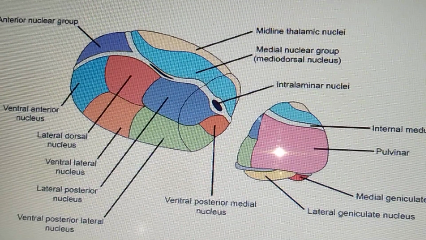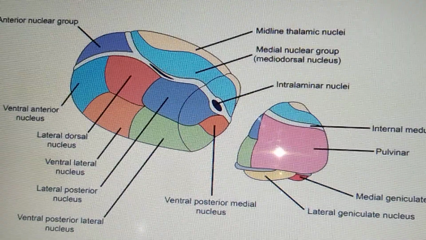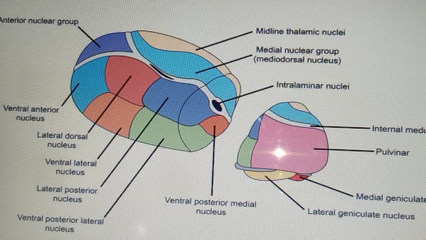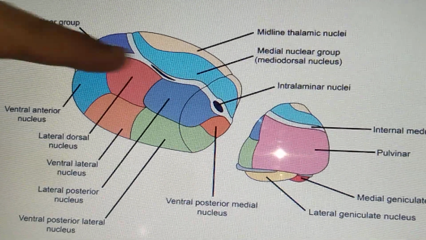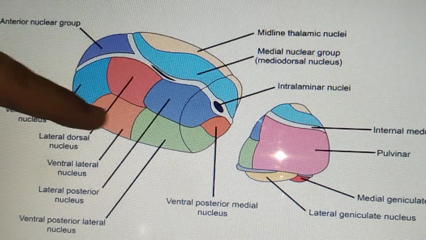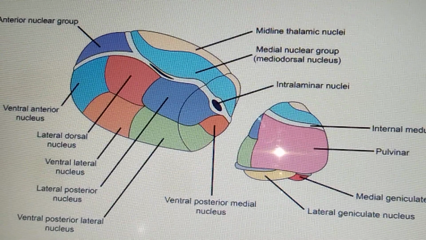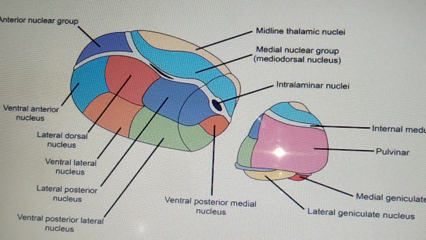It is divided into the lateral nucleus in the dorsolateral part and the ventral nucleus in the ventromedial part, right? These are the dorsal nuclei, and these are the ventral nuclei.